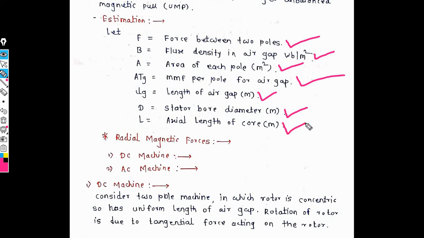Also in unbalanced magnetic pull condition, we need the radial magnetic forces, and these are classified into two types: DC machine and AC machine. The first type is the DC machine. In the DC machine we consider a two-pole machine, that is only two poles, north and south.